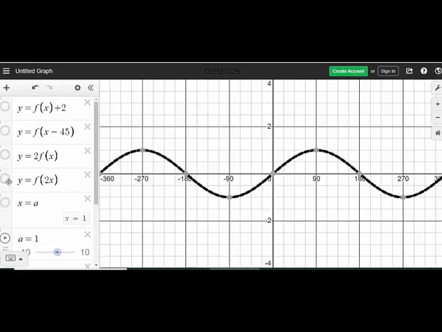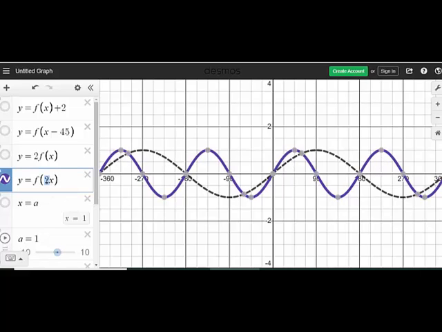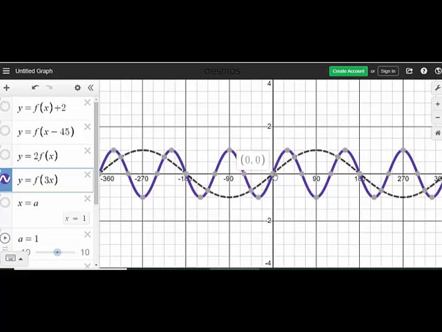When I multiply my x by 2, I now have 2 full curves in that same distance. So in that same 360 degrees, I now have 2 full curves. If I multiply it by 3, I have, not surprisingly, 1, 2, 3 full curves.